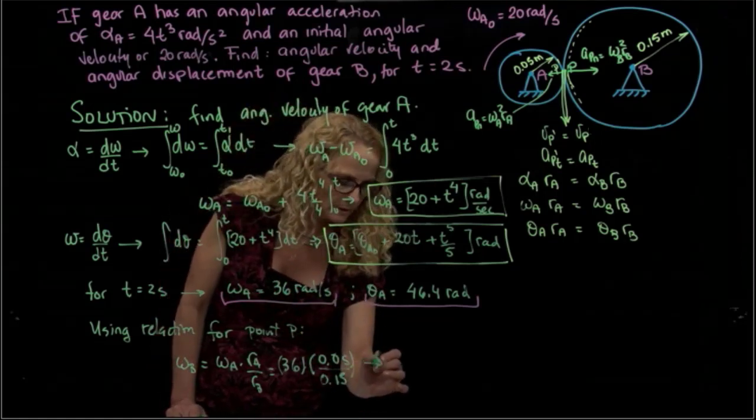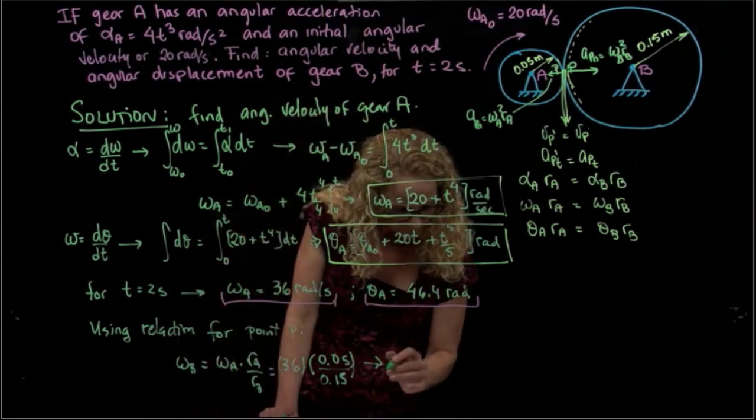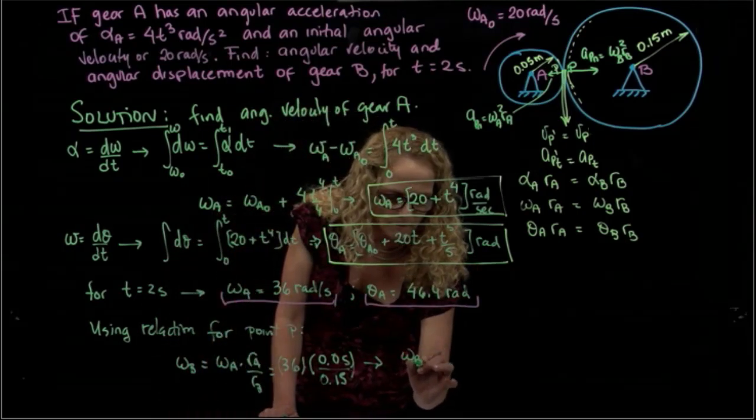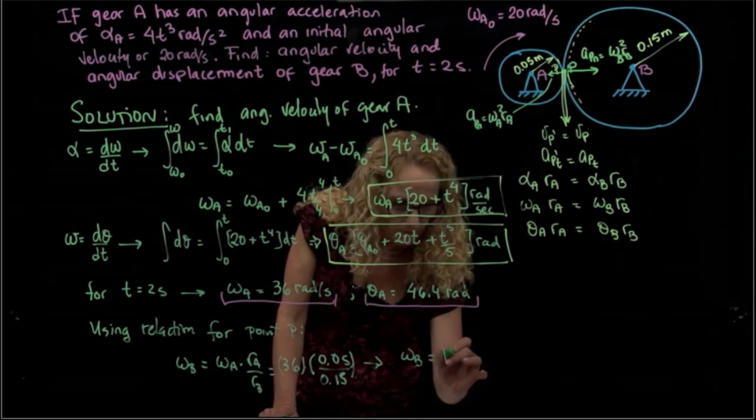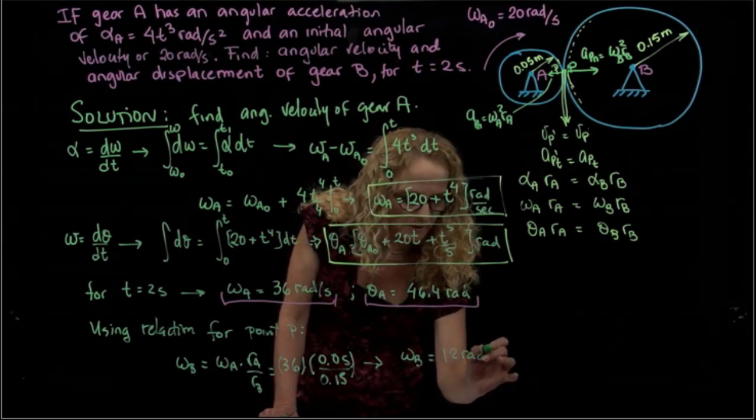And that gives me an angular velocity for B equal to 12 radians per second.